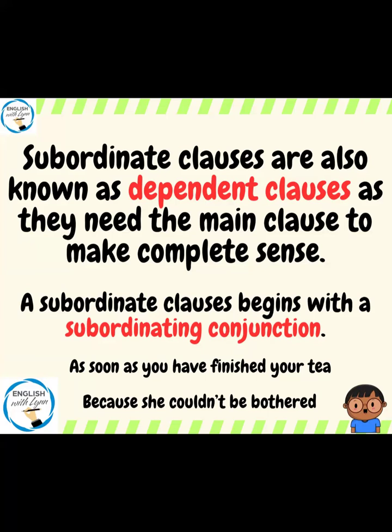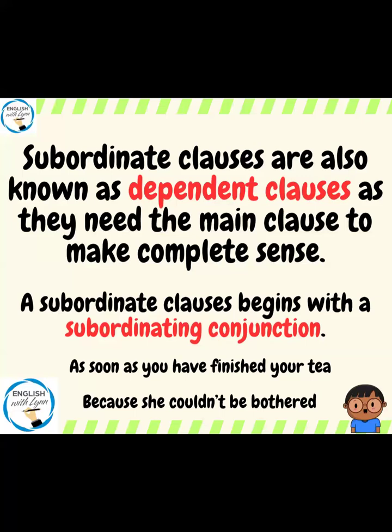So a subordinate clause, it begins with a subordinating conjunction, and many of you at school will use either I saw a wobble or the white bus to help you remember those conjunctions. And make sure that you learn the full list, because if you are using just I saw a wobble or the white bus, that is not all of the subordinating conjunctions. There are more of them that you can use as well as those, but they are the most common conjunctions.